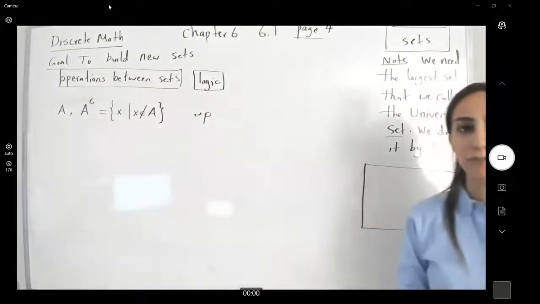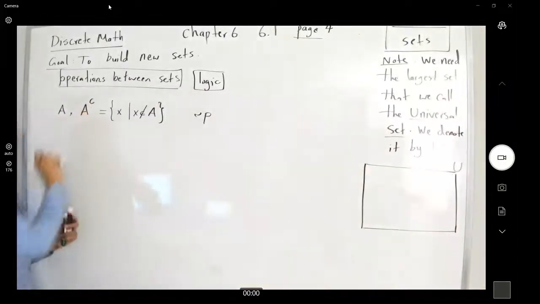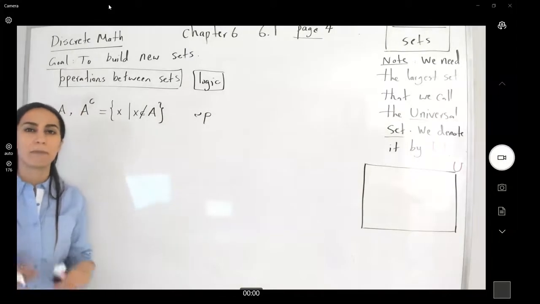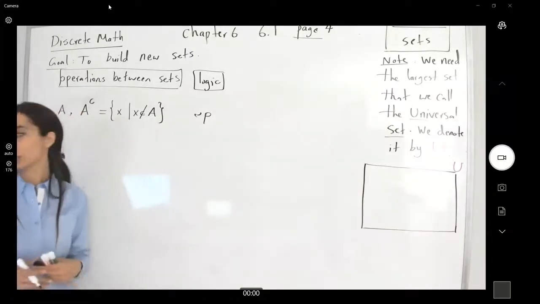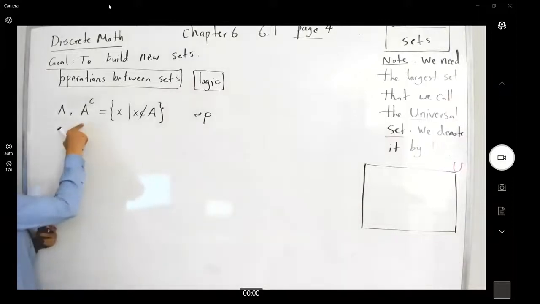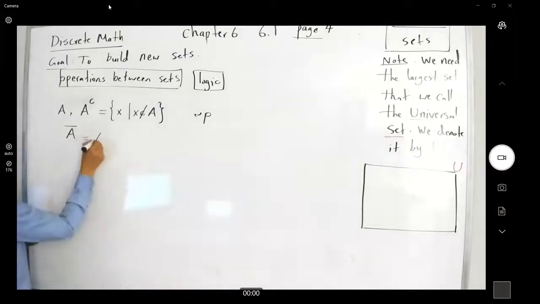We have set A, its complement, denoted by A with a little C on top of it. Note that different books might give you different notation. For example, in other books, a complement is denoted by a bar or a prime.